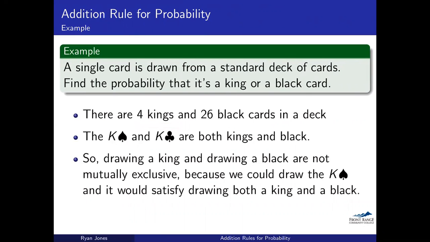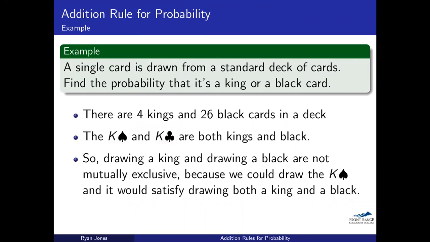So we have a double counting here, though. There are in fact 2 cards in our standard deck that are both a king and a black card. Those cards are the king of spades and the king of clubs.